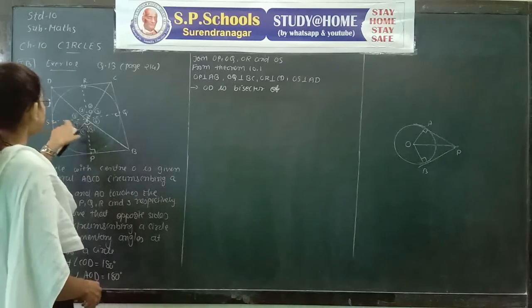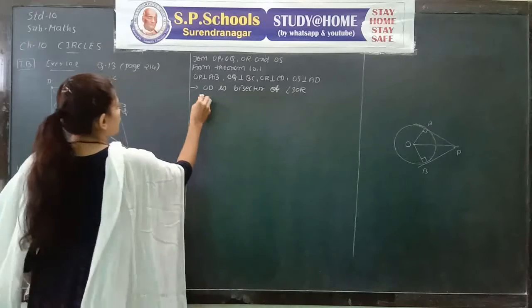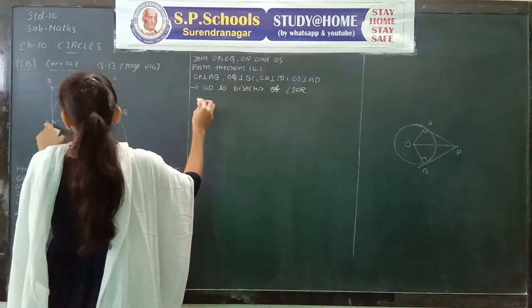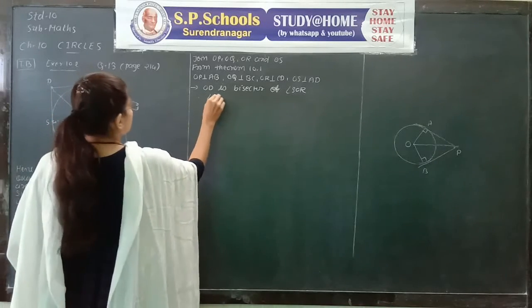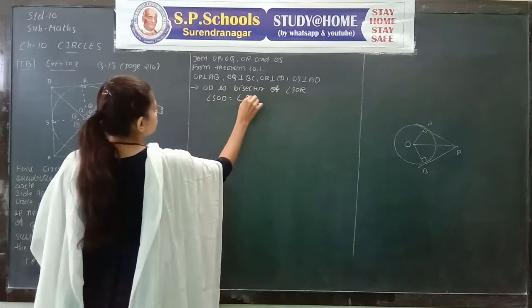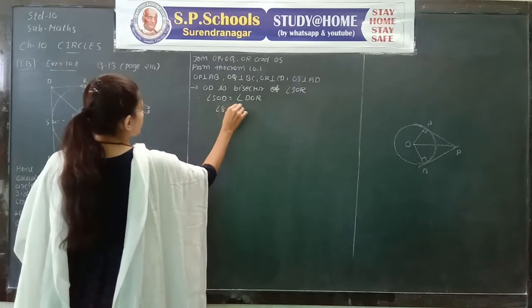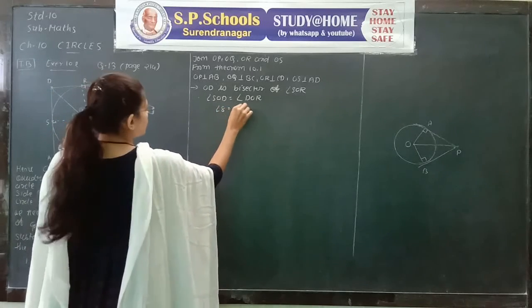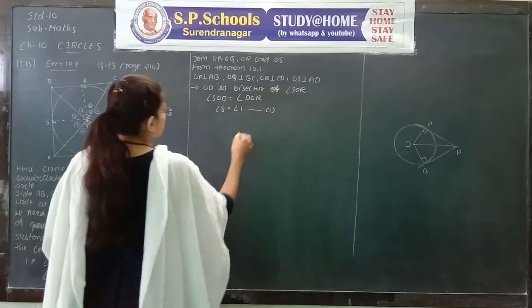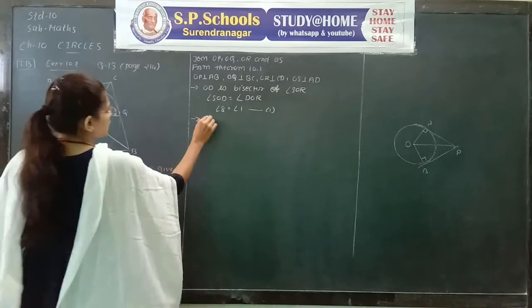OD is the bisector of SOR, so angle SOD is equal to angle DOR. Angle SOD is angle 8 and DOR is angle 1. Result number 1.